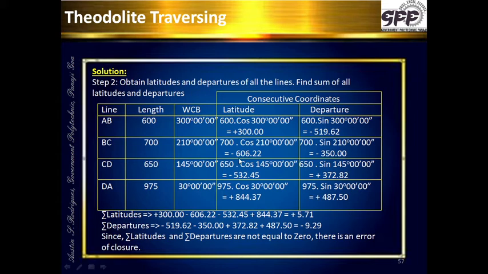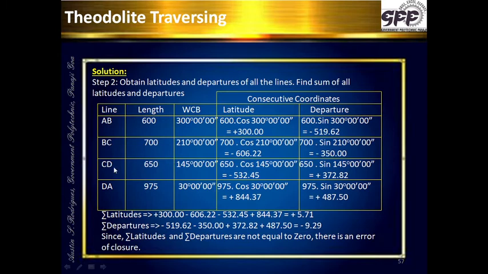So it is a southing of 606.22. Coming to the departure, length into sine theta, length is 700 and sine of 210 degrees gives me the answer minus 350.00. This tells me that the departure is on the westward side, so it is a westing of 350 units.